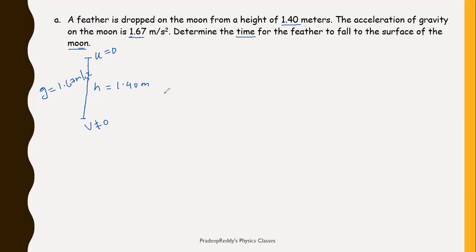So here, let us take the equation S is equal to ut plus half at square. In this particular equation, we have all the terms except time. So you can just substitute them over here.